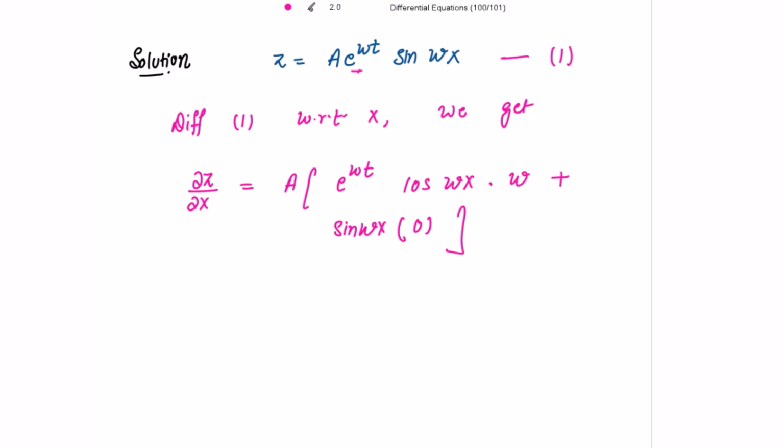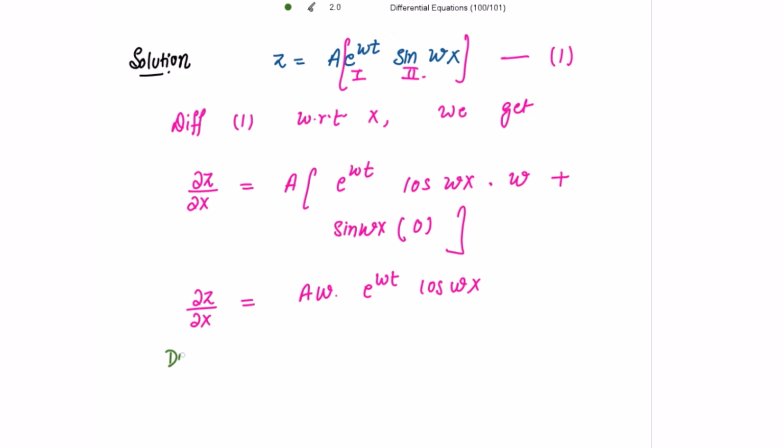I have taken this to be the first function, this to be the second function, right? Okay. So partial derivative of z with respect to x is equal to a into w into e to the power wt into cos of wx.